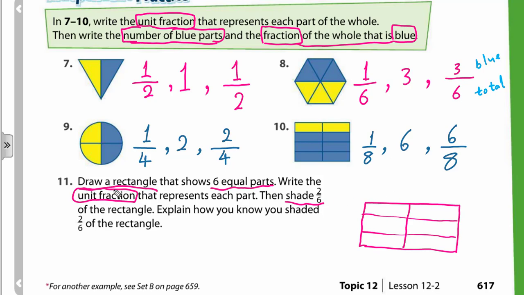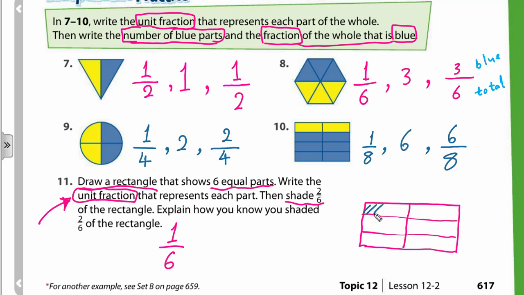Yes. The second part in the question is the unit fraction. What is the unit fraction? 1/6. Excellent, 1/6. And after that, we need to shade 2 sectors. So how many parts should we shade? 2 parts.